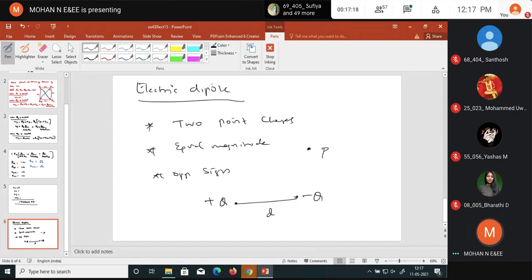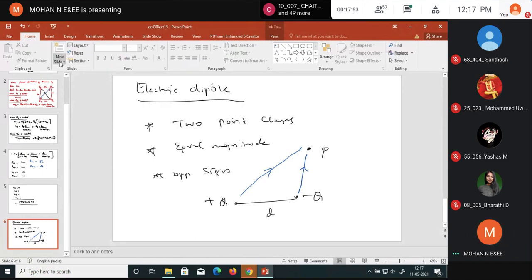The field will be from this charge and this charge, so there exists some field at this point P. This arrangement is called an electric dipole. You'll have some field due to this positive charge and some field due to this negative charge. Let us derive an equation for the electric field due to this arrangement.